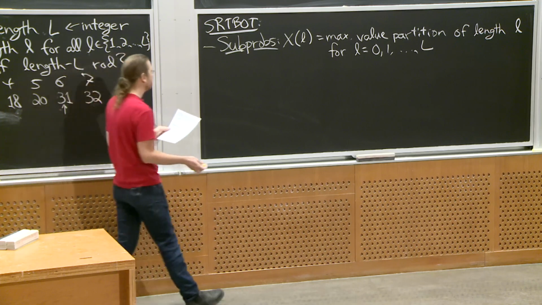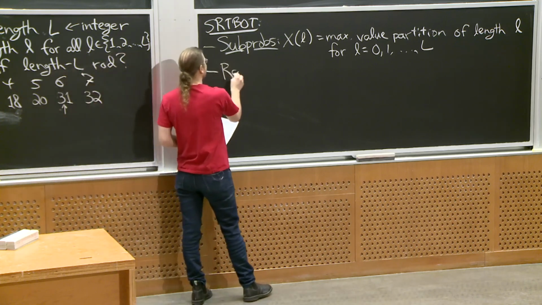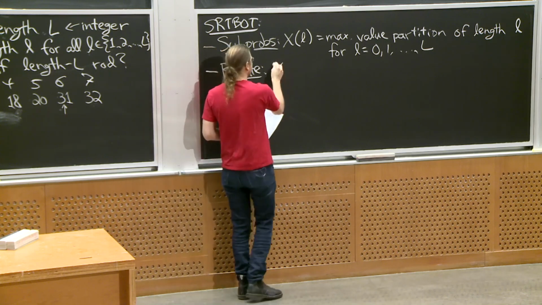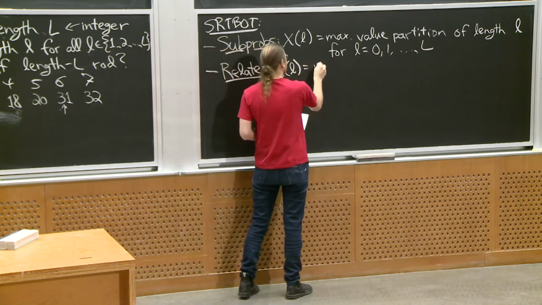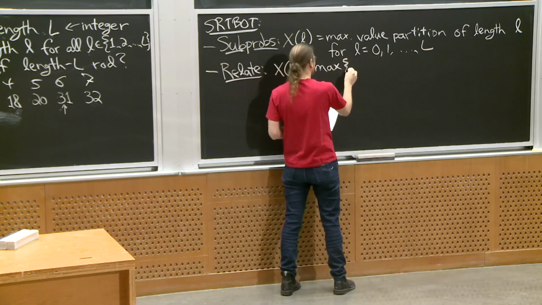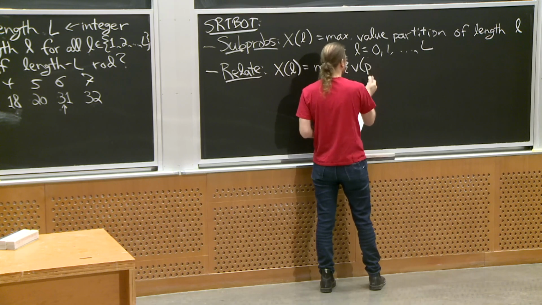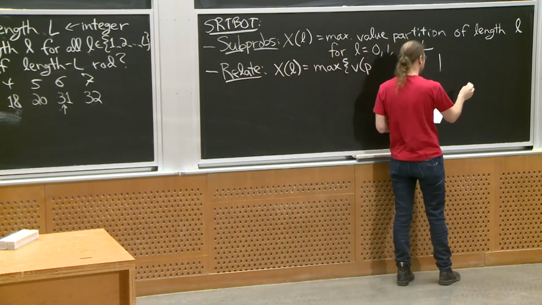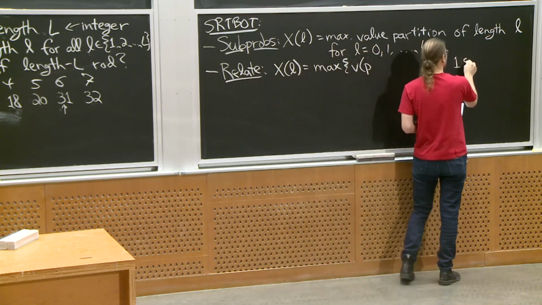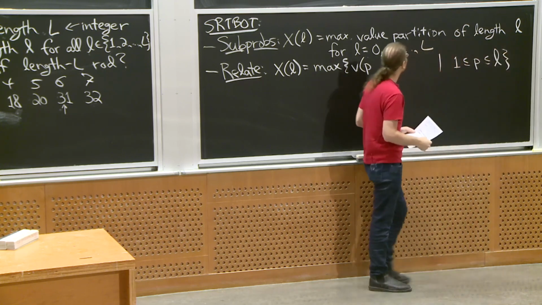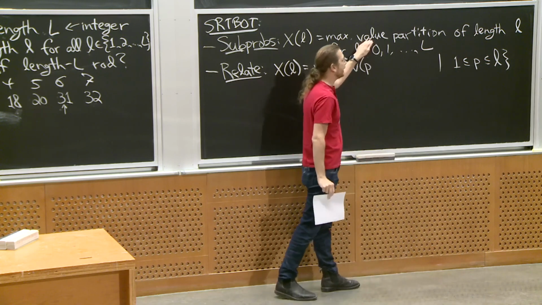OK. So I claim this is a good set of subproblems because I can write a recurrence relation, which is actually pretty simple. Like I said, we want to choose some piece. So we're given a rod of length little l.